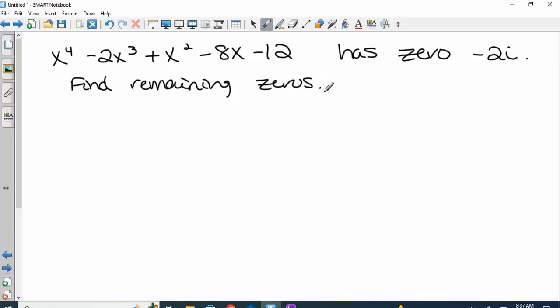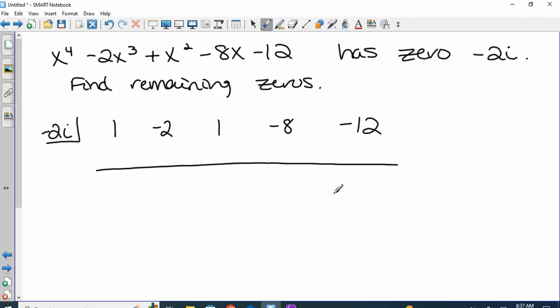Okay. Anytime I give you the first 0, what can we do? Synthetic. So we're going to do the negative 2i, my coefficients. Okay, so 1 comes down. 1 times negative 2i is negative 2i. I cannot add these, so this is just negative 2 minus 2i.